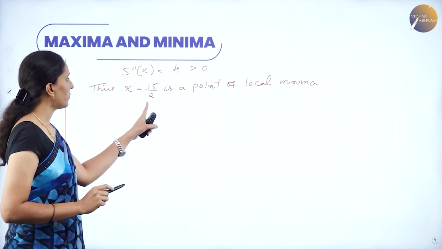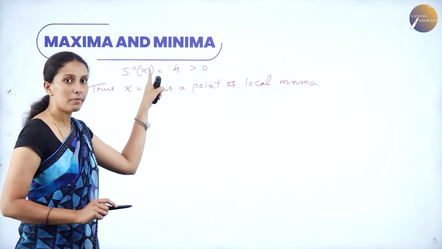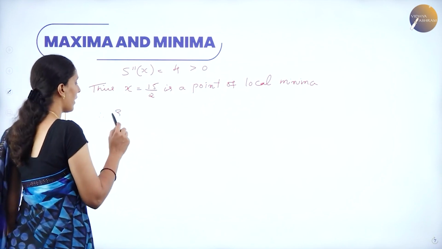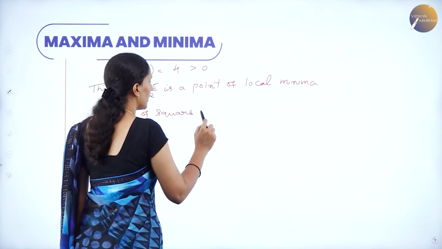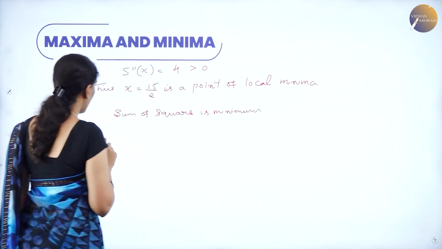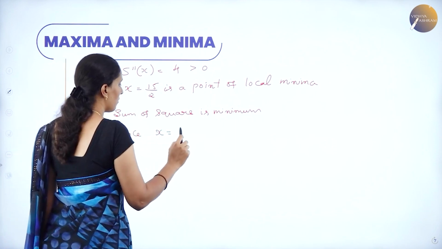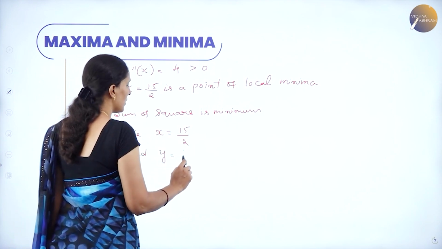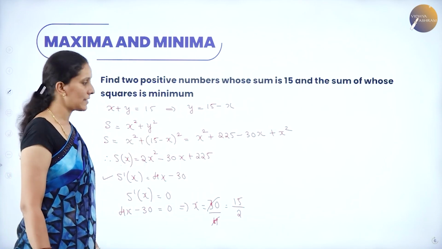So, if x is equal to 15 by 2 is a point of local minima, this means it has a minimum value. Therefore, the sum of squares is minimum, and hence x is equal to 15 by 2, and y we have taken as 15 minus 15 by 2, because I have taken y as 15 minus x.